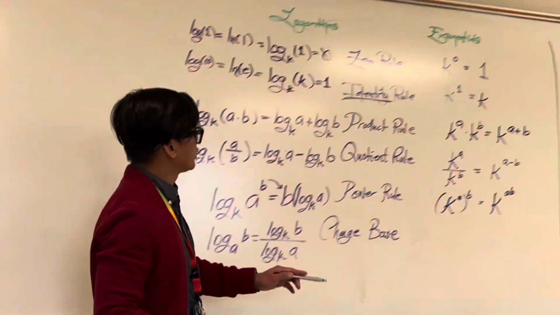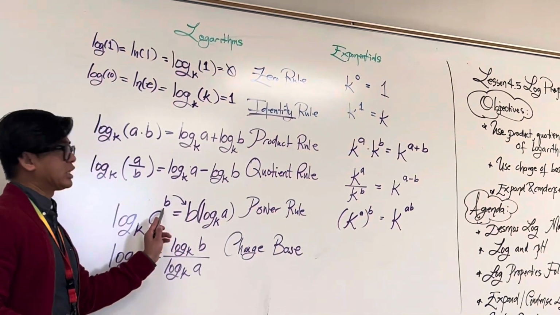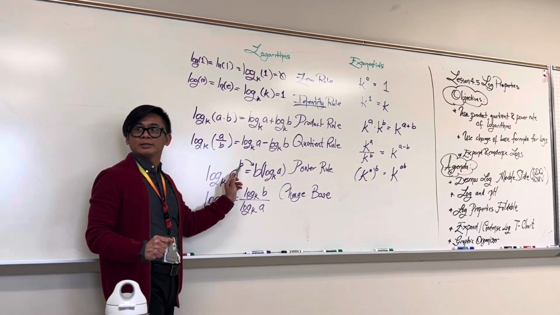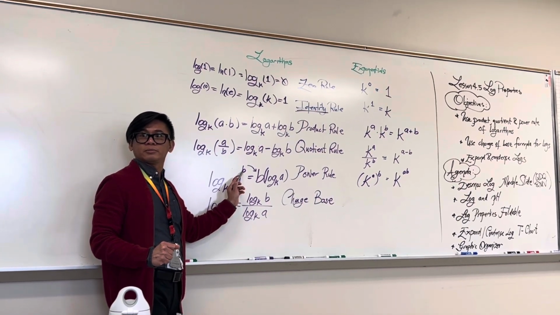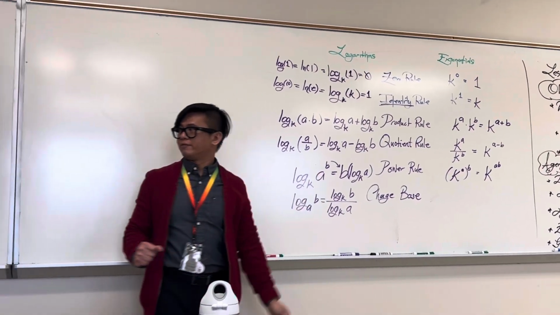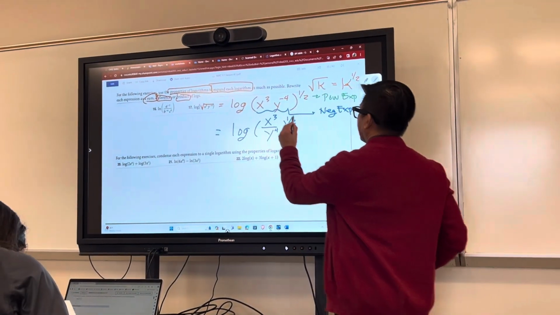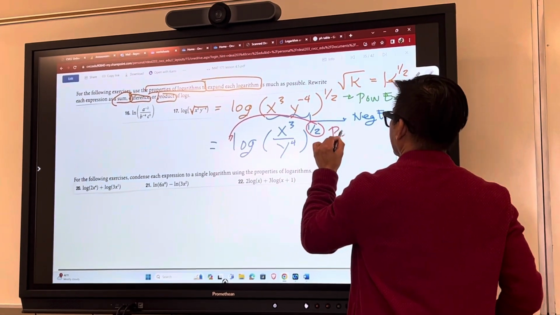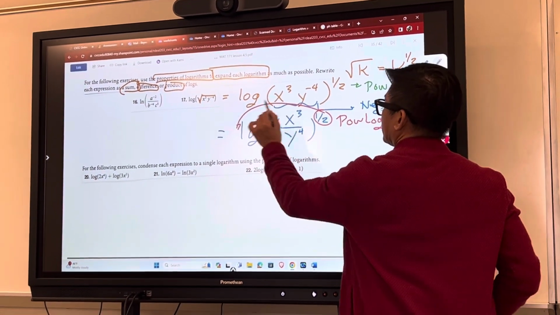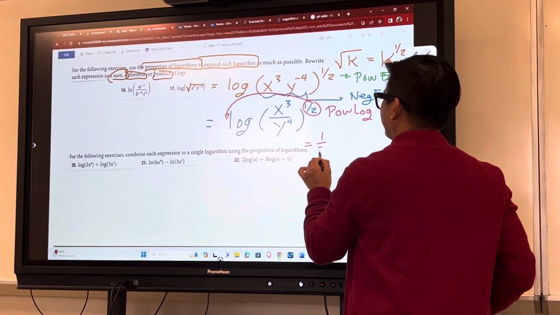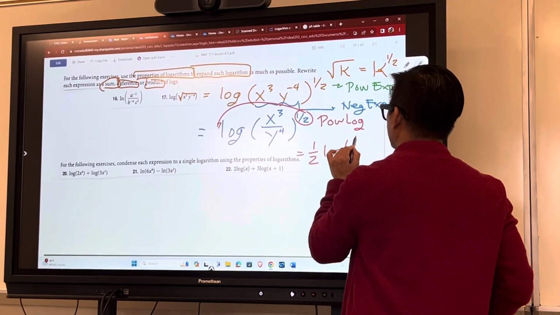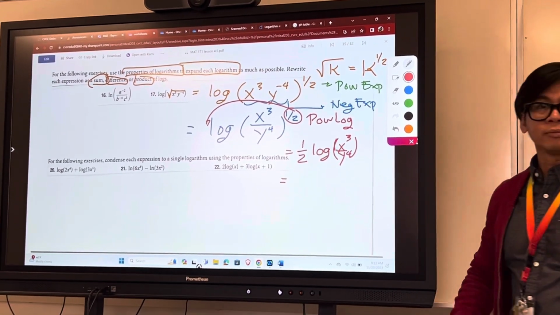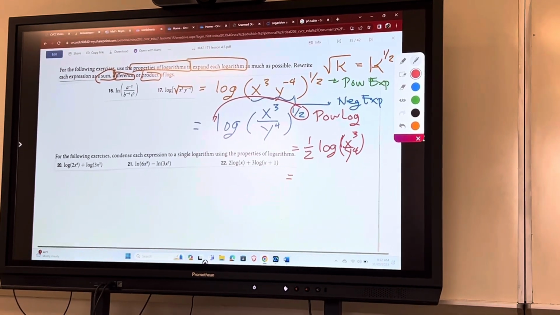If you have an exponent on a logarithm, what do you do with the exponent? Put it in front of the logarithm. Very good, Candy. So by the log power rule, that's going to be equal to 1/2 log of x cubed over y to the fourth. Are we good? Again, by the log power rule.